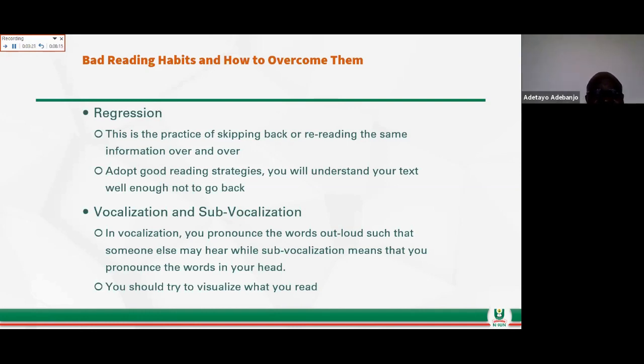So when we talk about vocalization and sub-vocalization, in vocalization, your pronunciation and the words you pronounce out, someone else has heard, and you say, oh, this is the right pronunciation. No, like I told you about speaking, if you feel shy and you don't get yourself bold to face an audience, how would we correct you?